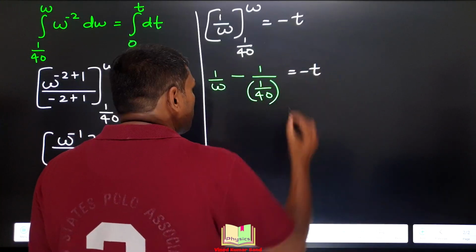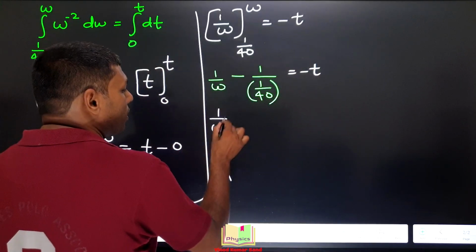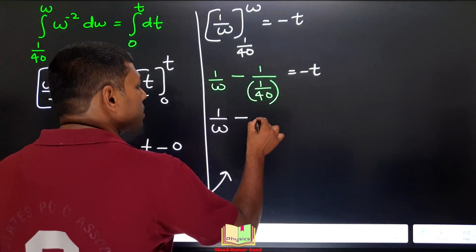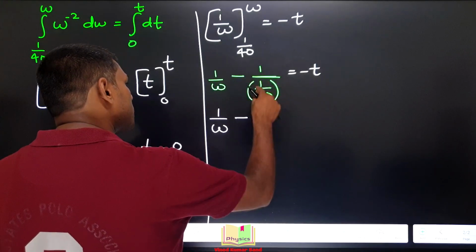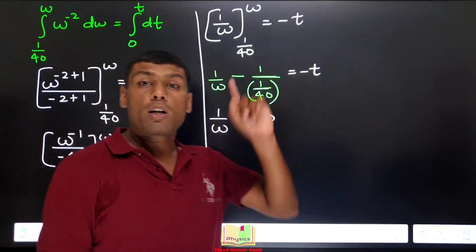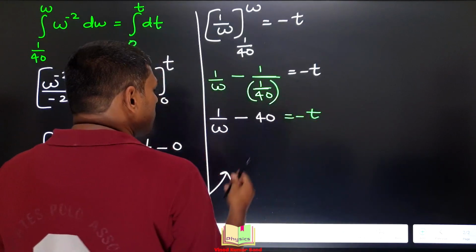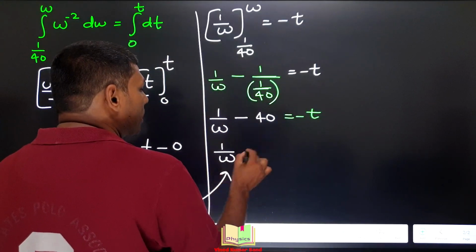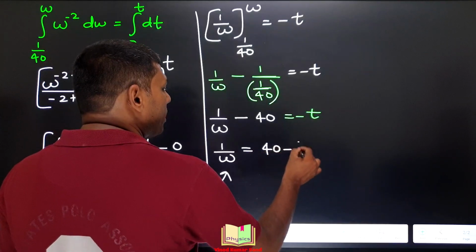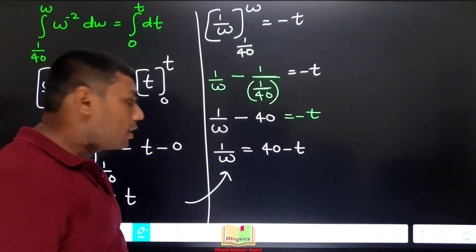Here we are left with minus 2. Simplify it further, 1 by omega minus 40. There is a division sign, there is another division sign, the 40 goes to the numerator. It is equal to minus 1 by omega can be written as 40 minus t. I hope you agree with this.